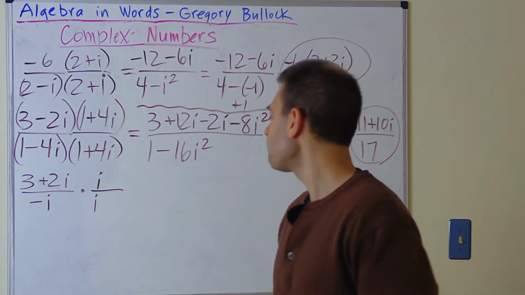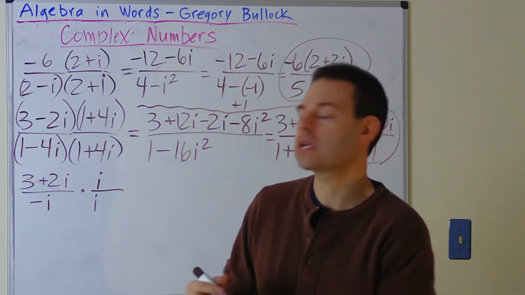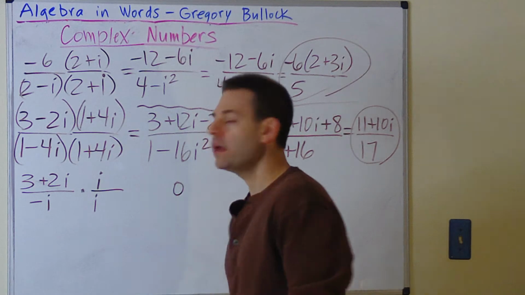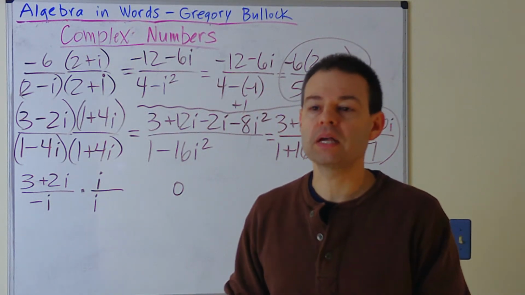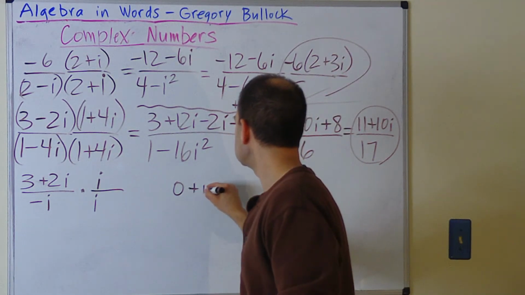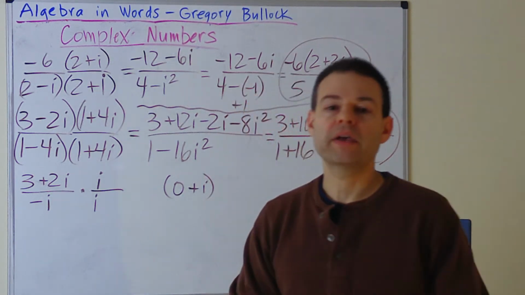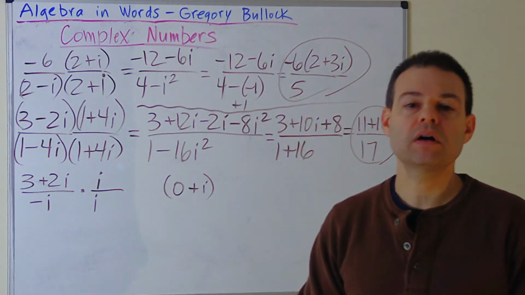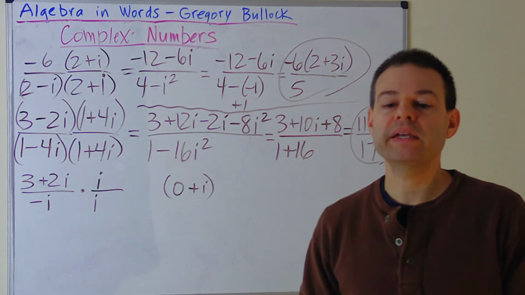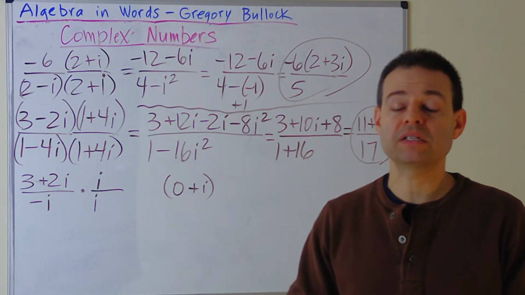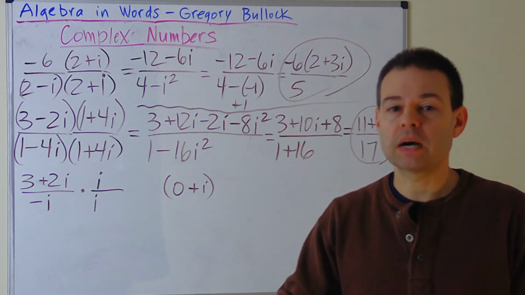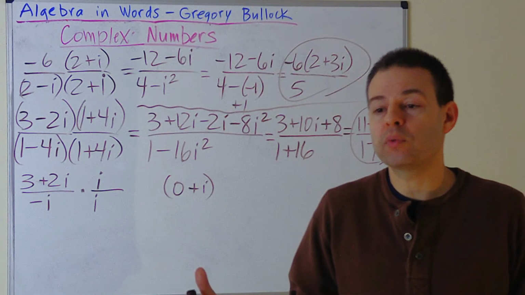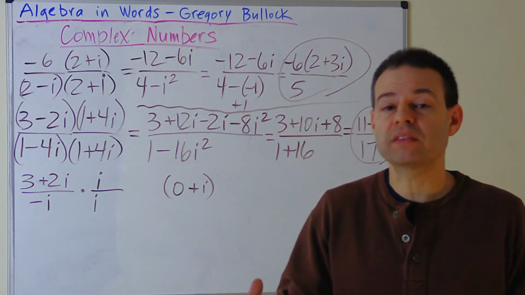Here's what I mean. Let's write off to the side as if I wrote 0 plus i. Now why might I write 0 plus i? Because if we're writing i as part of a complex number, the real part could be 0, right? And when it's 0, we usually leave it off, but we could write the 0.